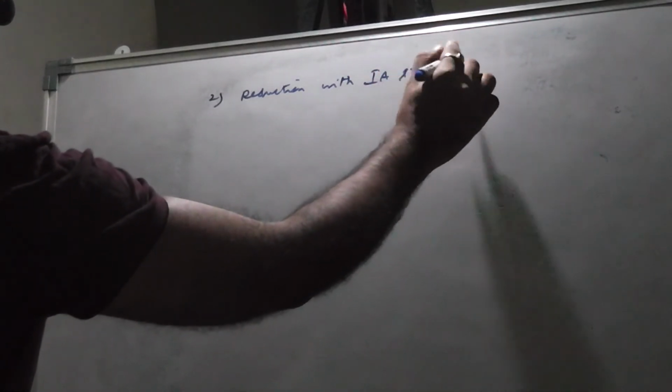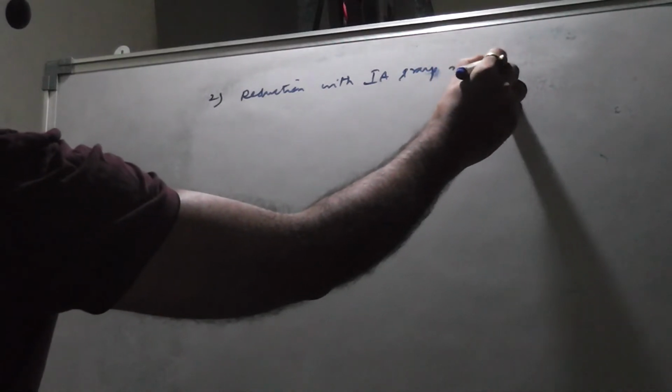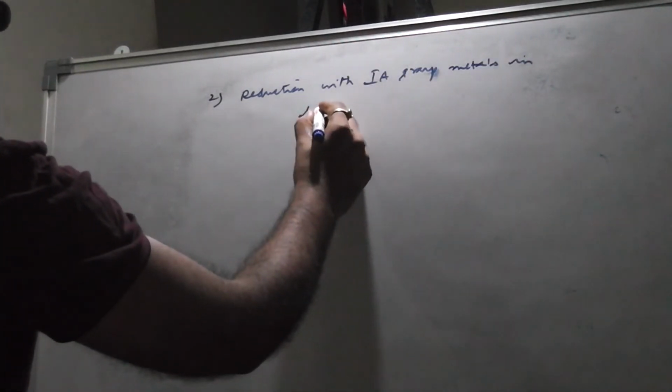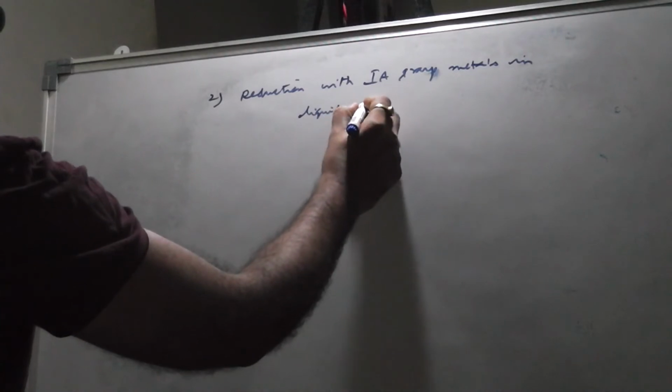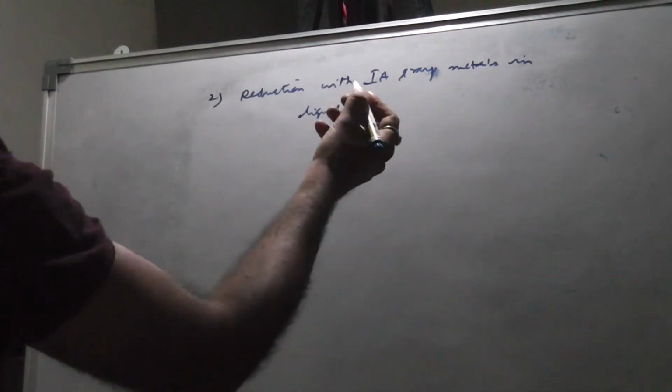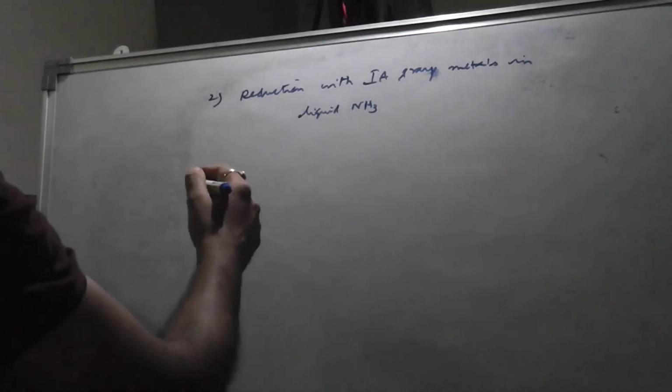Similar to Birch reduction type, but here we are reducing a C triple bond C, and the product, interestingly, is the trans olefin.